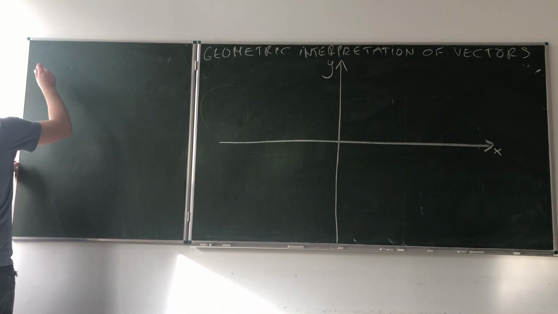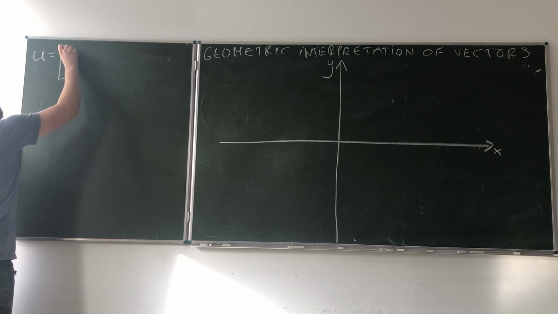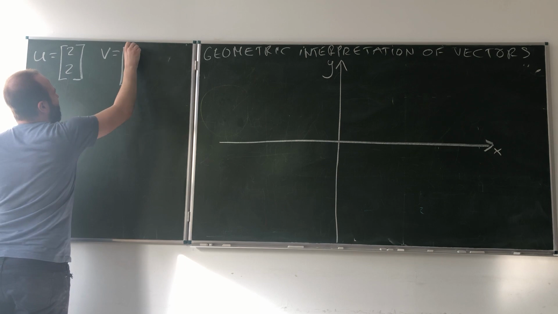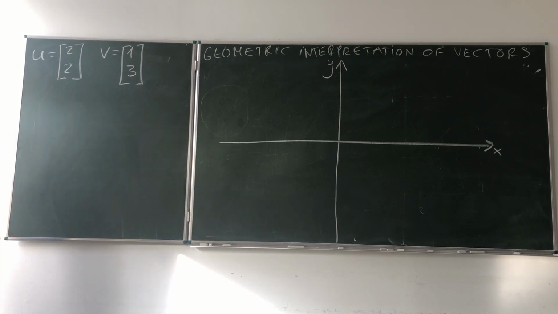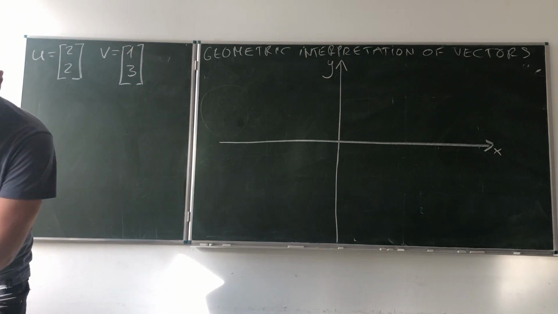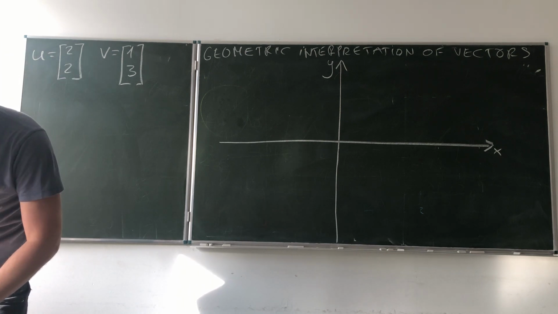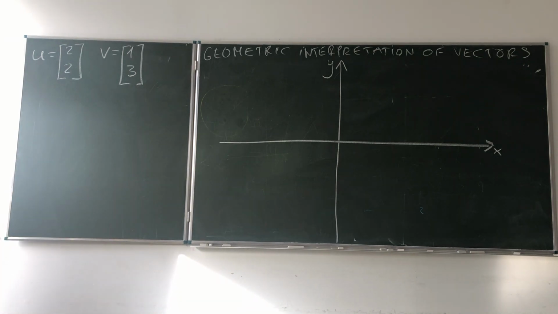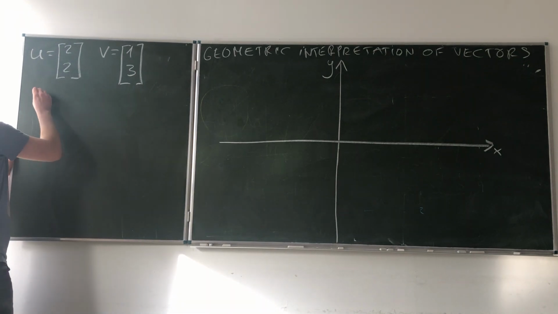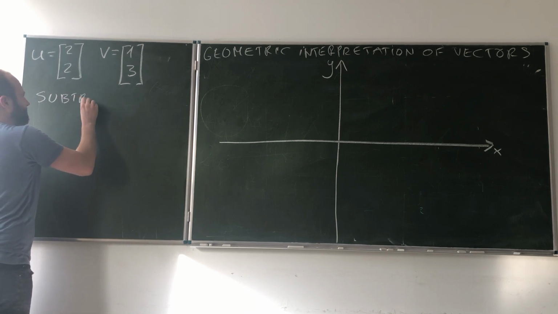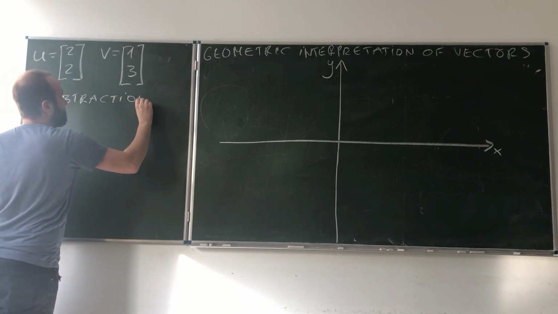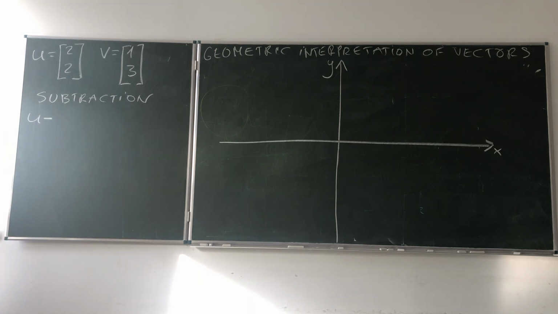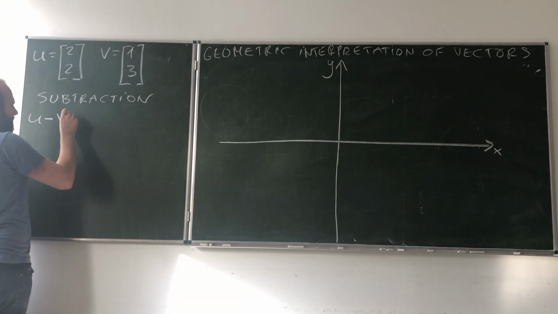So vector u, 2, 2, and vector v, I think it was 1, 3. Yes? Well, yeah. 1, 3. Okay, and look, now the task that we've got is subtraction. So, we've got vector u, and I need to subtract from it vector v.